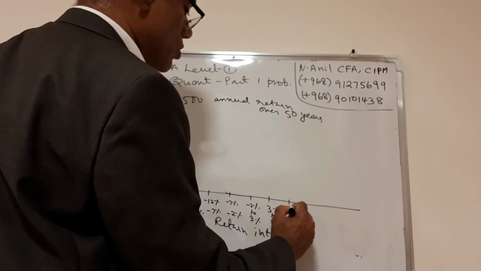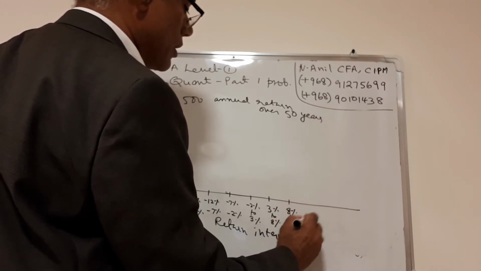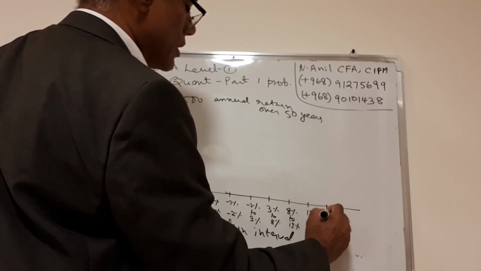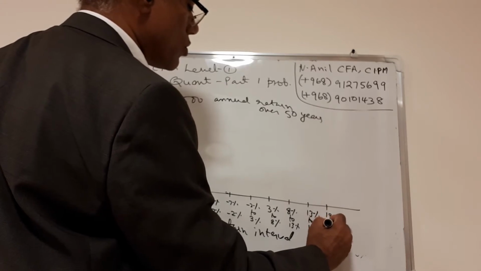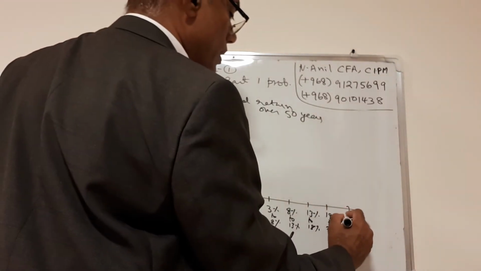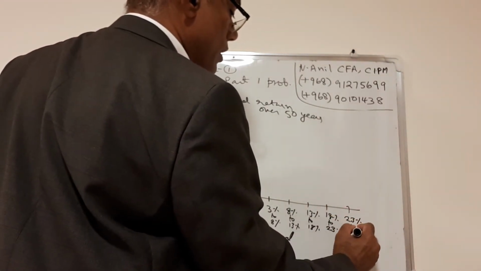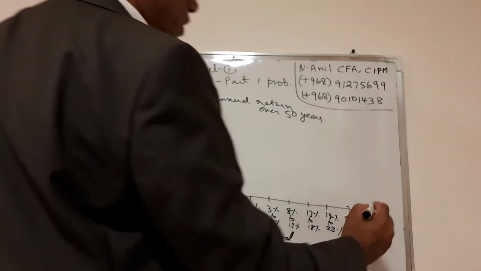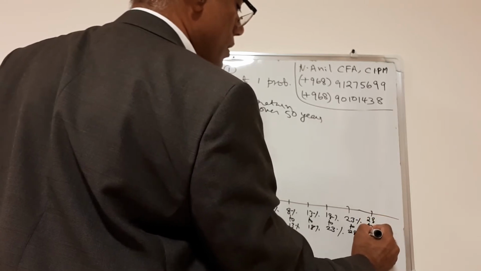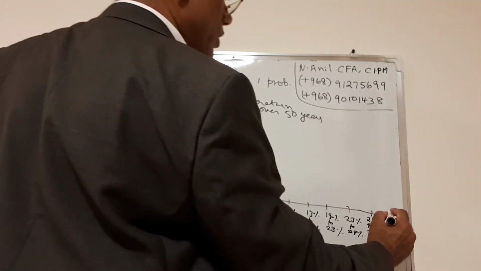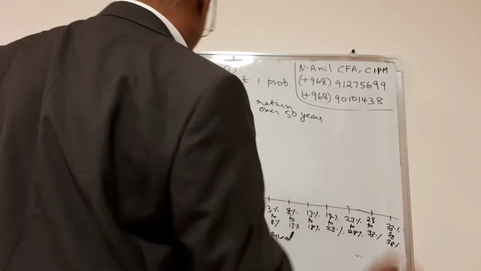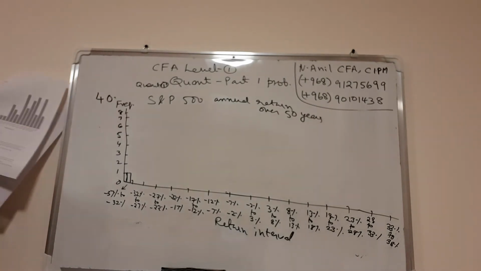Then 8 to 13. 13% to 18%. 18% to 23%, 23 to 28, 28 to 33, 33 to 38. This is the last. There are 15 intervals. So histogram is a bar graph.